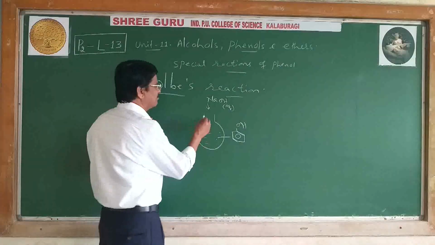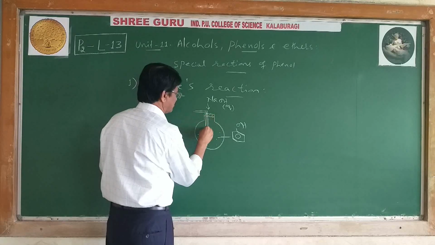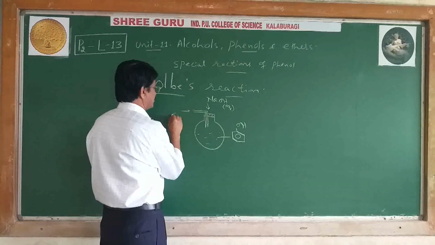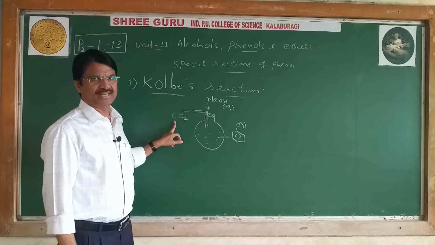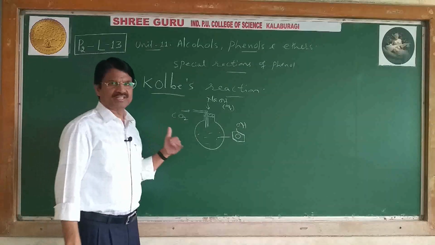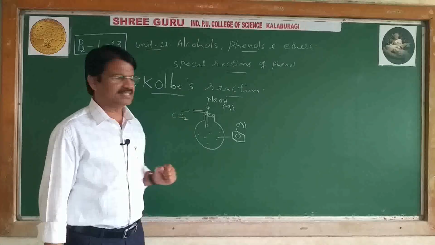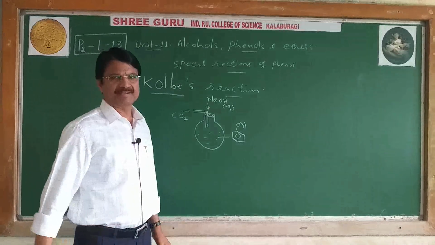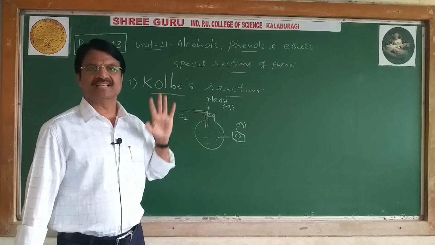Next we have to pass CO2 gas, carbon dioxide, under pressure of about 135 atmospheres and temperature around 140 degrees. Under these conditions the CO2 molecule adds to phenoxide ion or sodium phenate. Then it forms the salt of salicylic acid.